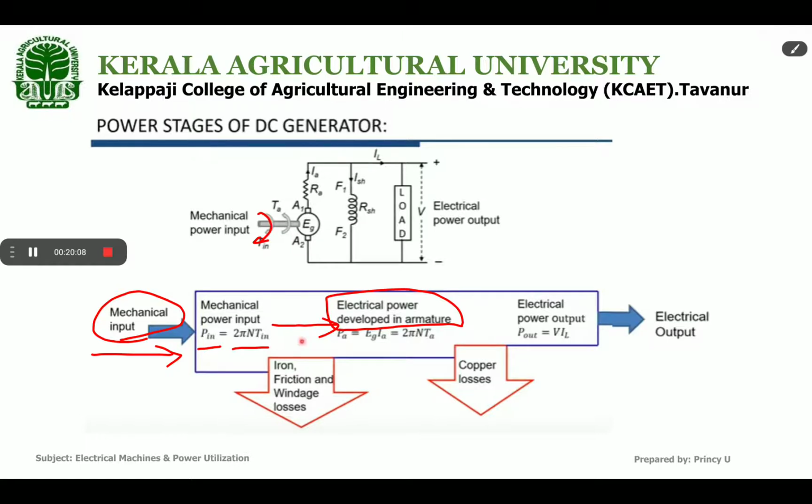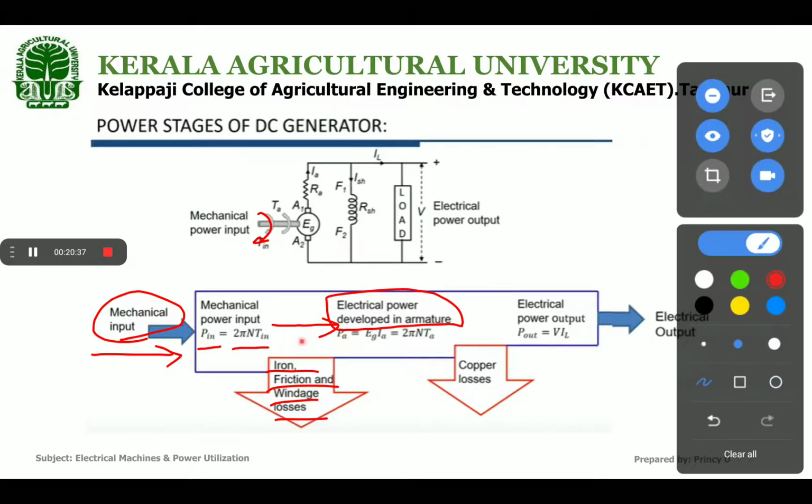When it converts mechanical energy into electrical energy, some of this power is wasted as heat energy due to friction and windage losses, and also there will be some losses present in the core of the DC machine, that is, we call it iron losses. So iron, friction and windage losses occur during the process of converting mechanical power into electrical power.